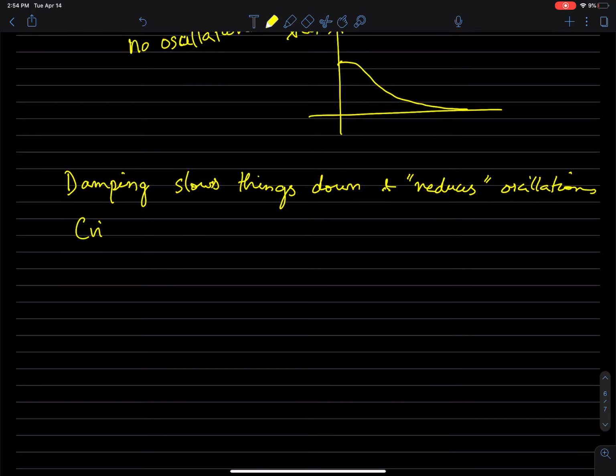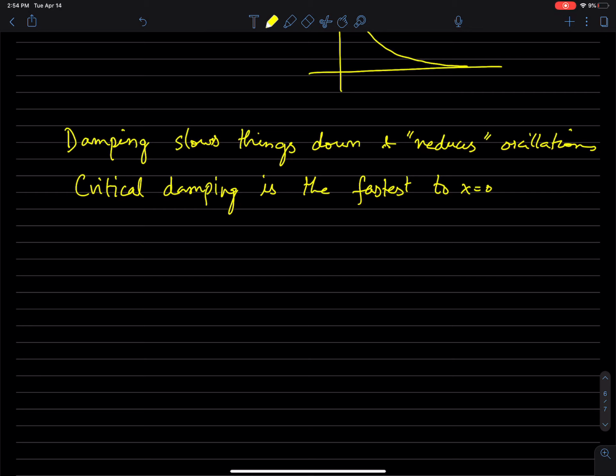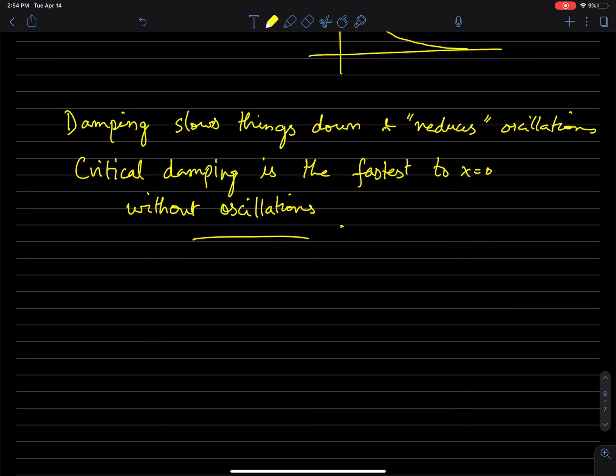Critical damping is the fastest to x equals 0 without oscillations. Okay. In other words, if you have more damping, it will approach x equals 0 much more slowly. If you have less damping, there will be oscillations. And critical damping is the fastest to approach x equals 0 without oscillations.